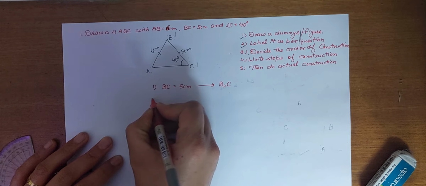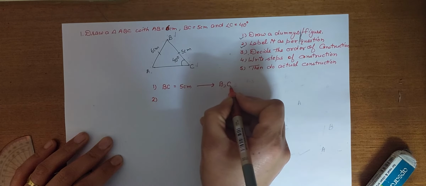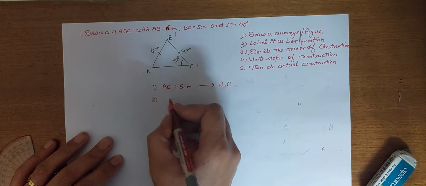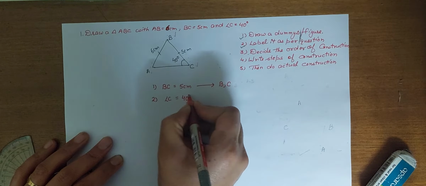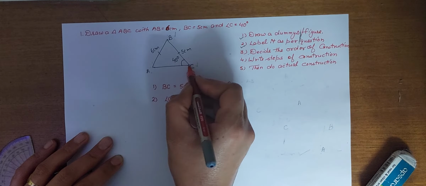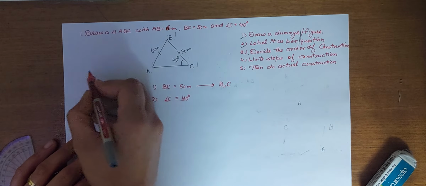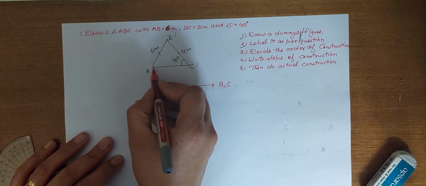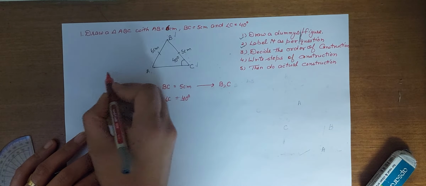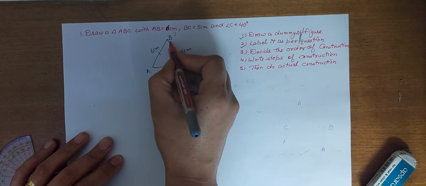Okay, then once we have B and C, what can we do? We can draw angle C equals 40 degree. So at angle C equals 40 degree, you'll at least get a direction in which point A lies. And in that direction, where is A? B will decide that.